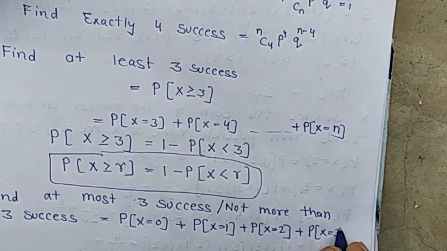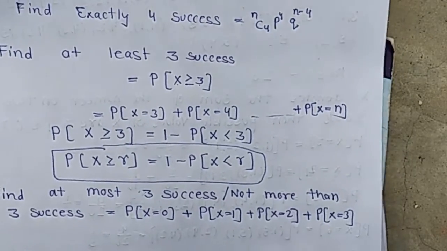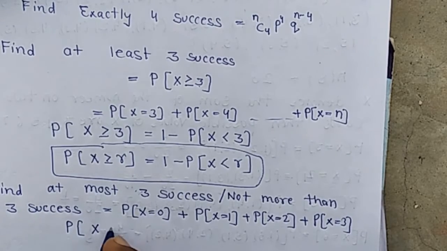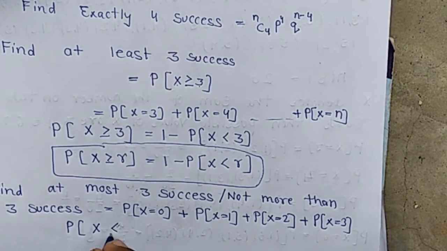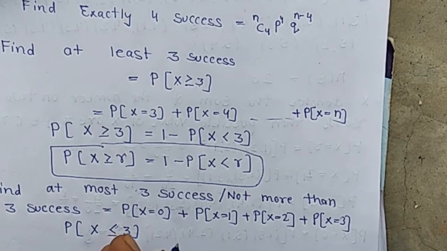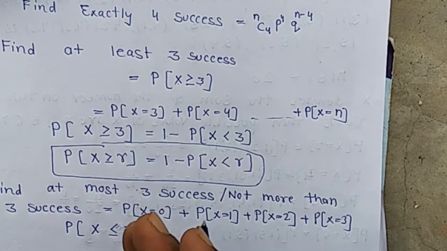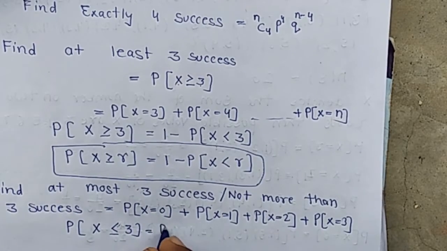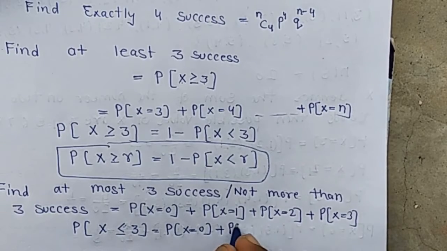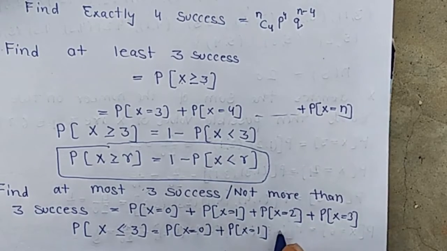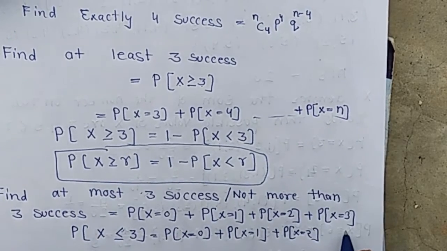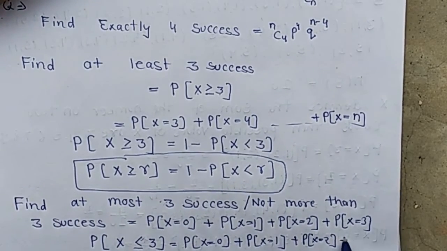It is given by the value of x less than or equal to 3. At most 3 means 0, 1, 2, 3 but not more than 3, given by x equal 0, x equal 1, x equal 2, x equal 3.